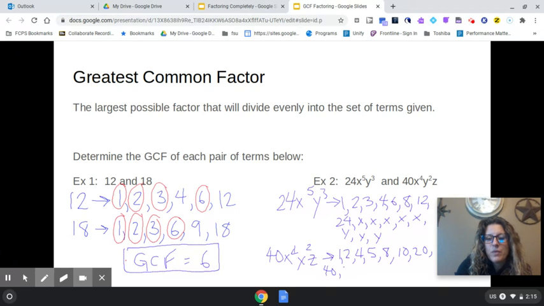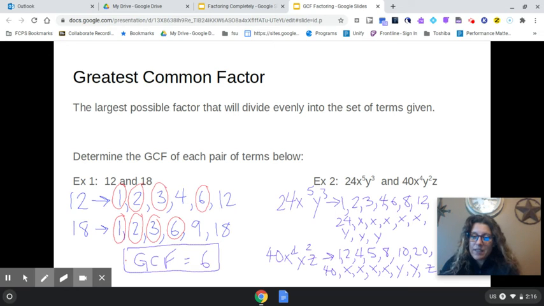And then variables, we would have x 4 times, y twice, and we also have a z as a factor.